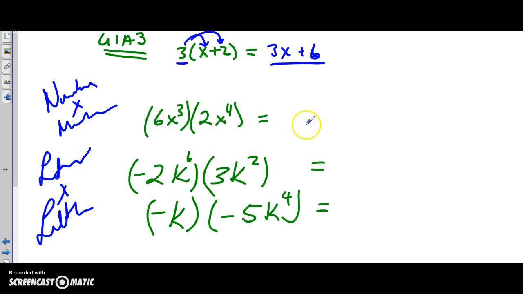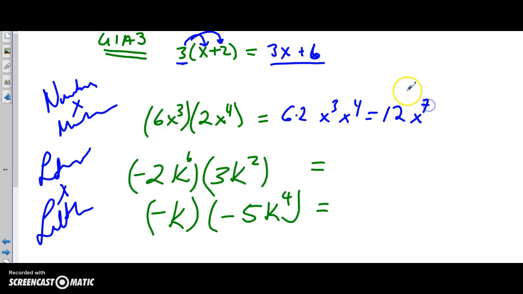So 6 times 2 is part of that, and then you have x cubed and x to the fourth, and they're multiplying. You don't need to add this step in when you do your own work, but it's 6 times 2, and we know that's 12, and then exponent rules say when you multiply like bases, you can simply write the base again, and with the exponents 3 and 4, you add them together.